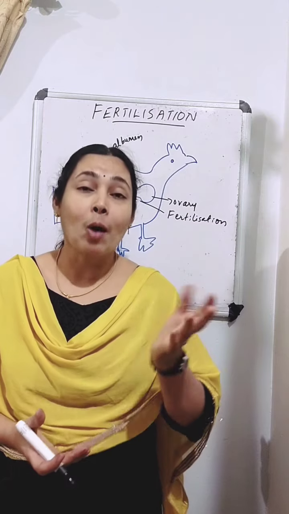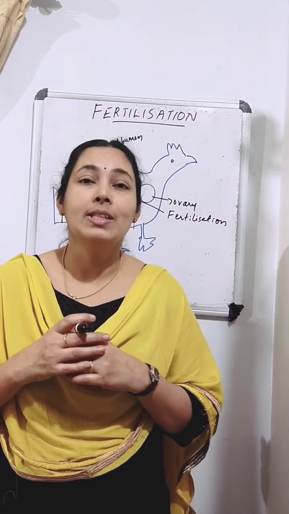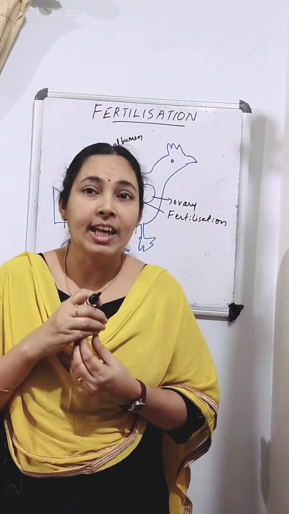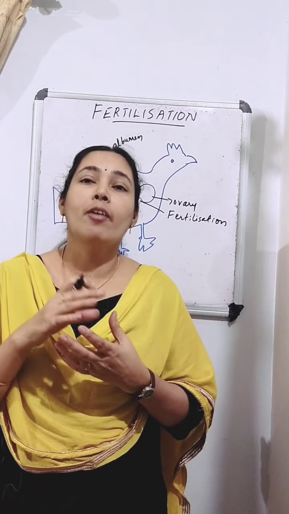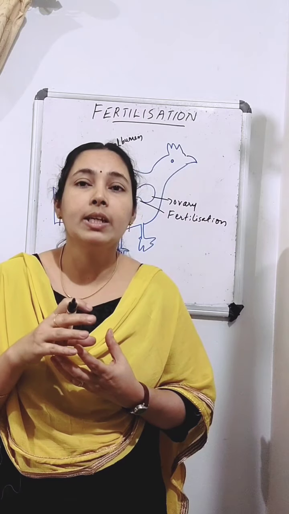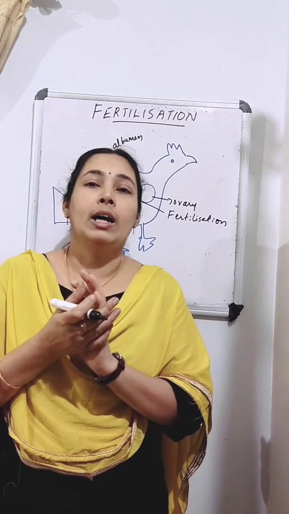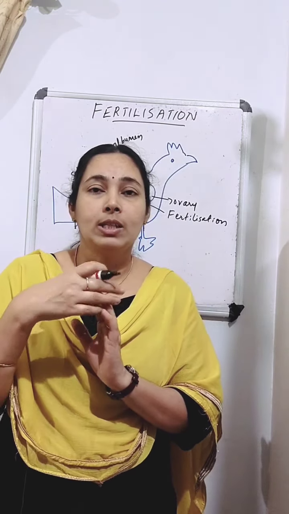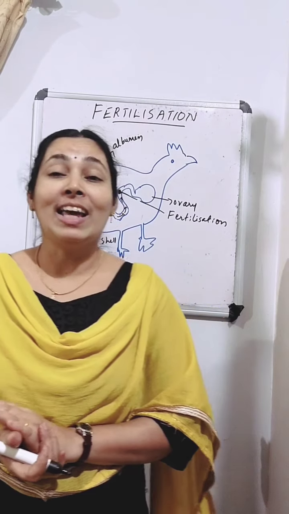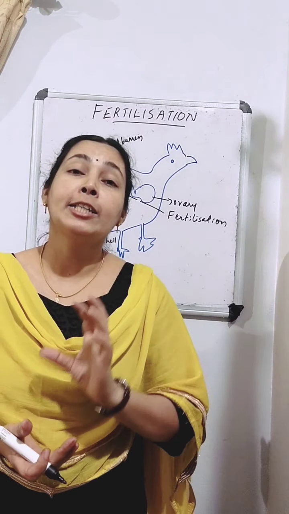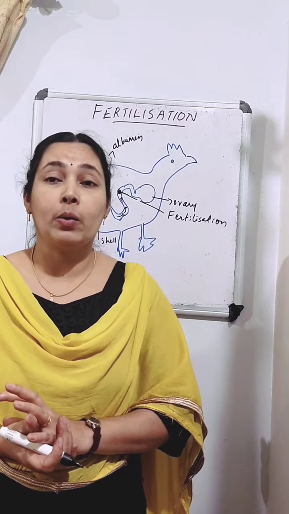So, when sufficient warmth is provided, development of the chick takes place inside the eggshell, and within 21 days, the eggs hatch out. That is, after the complete development of the chick, it bursts open the eggshell and comes out. Nowadays, farmers are hatching large numbers of eggs in incubators also.